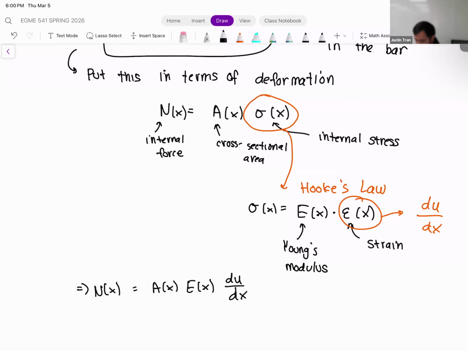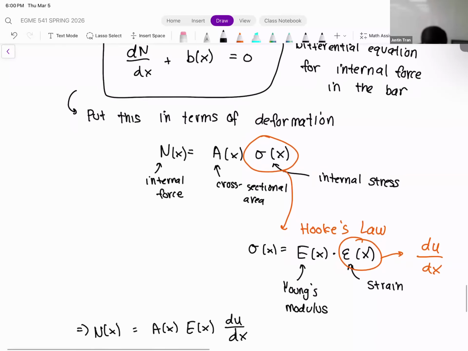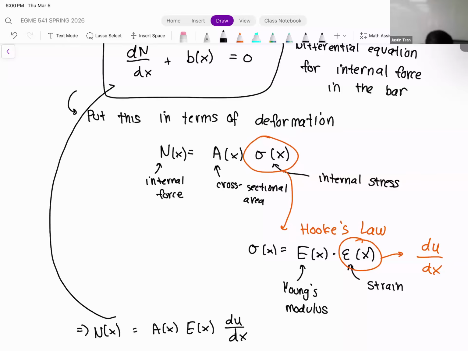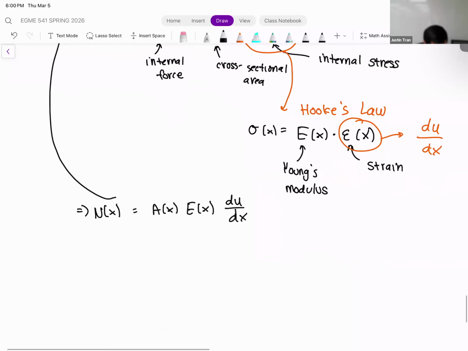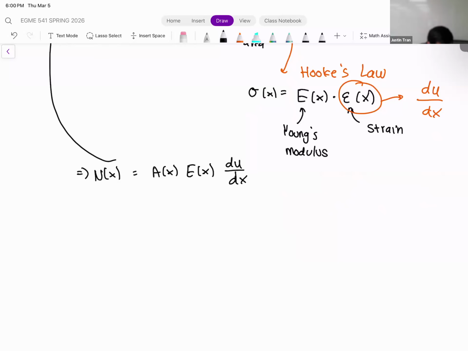And then what we can do from there is plug this back into our differential equation, right? Because now we have an expression here for the internal force as a function of the deformation. Now the deformation does appear as a derivative, but that's okay. So we go ahead and plug that back in, and we get our governing equation for linear elasticity in the one-dimensional case. So you have d dx of E of x, A of x, times du dx plus v of x is equal to 0.